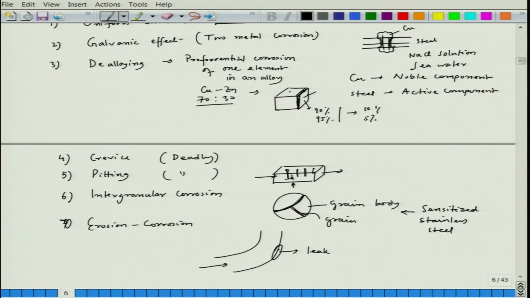So, this is a particular example where it gives you mechanical erosion, at the same time corrosion factor is coming into picture. That is what it is called, erosion corrosion, and it has two variants. One is fretting, another one is cavitation. We will talk in detail about these two particular forms of erosion corrosion.